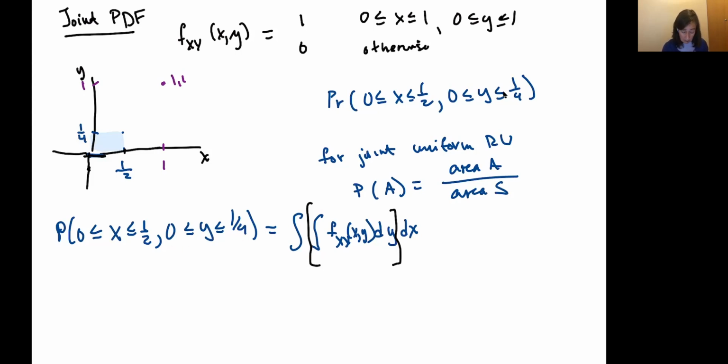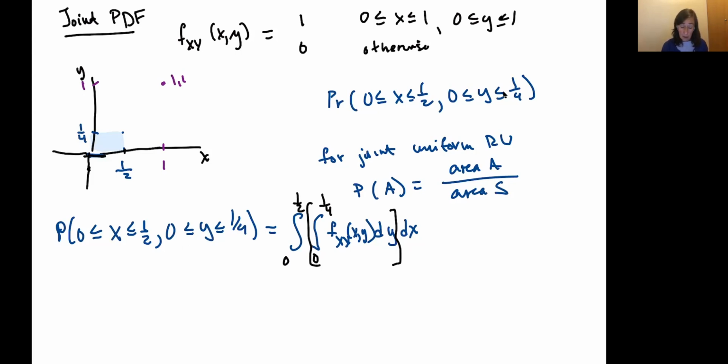So let's put them in. We've got 0 to 1/4 there, and the outside variable is x, so these limits have to be the boundaries of the event on the x dimension. So 0 to 1/2.